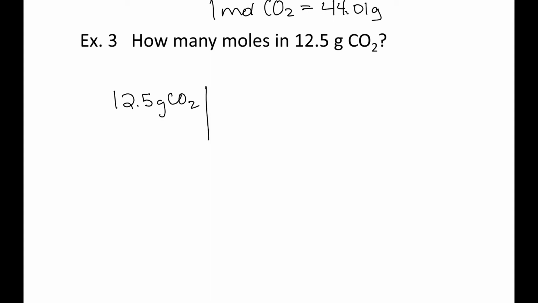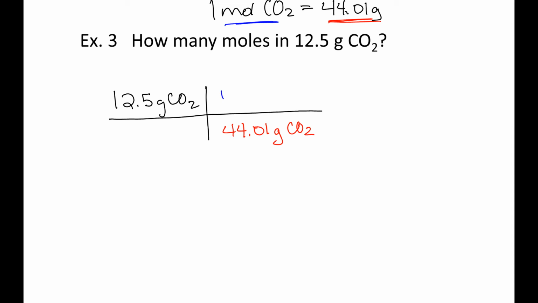Remember, you always start with what you're given. Now, we already have grams on top, so at this point our grams have to go on the bottom, while our moles go on top. This way we can get grams of CO2 to cancel, and we're left with moles.